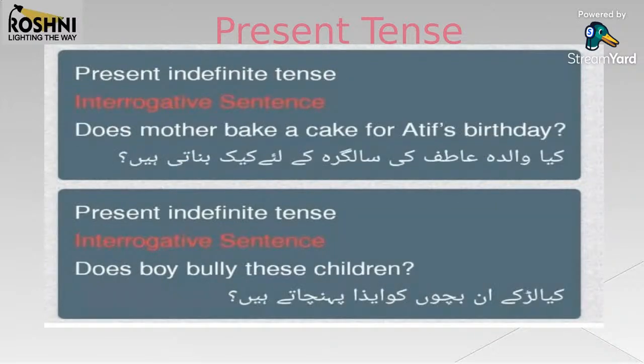क्या वालदा आतिफ की सालगिरह के लिए केक बनाती हैं? It is a question. क्या, कैसे, क्यों, all the WH words, all the सवालिया. इसका सबसे बड़ा आपके पास एक पॉजिटिव पॉइंट है कि यहाँ पे you don't need to identify anything.